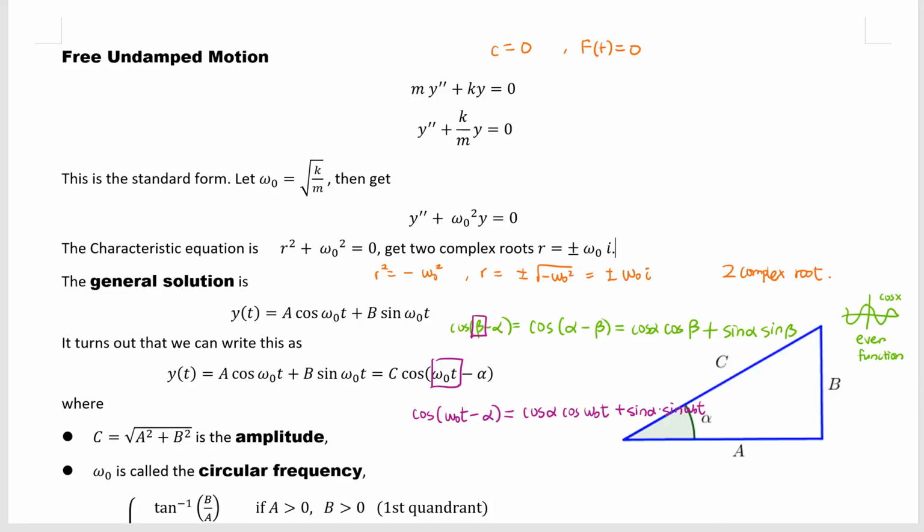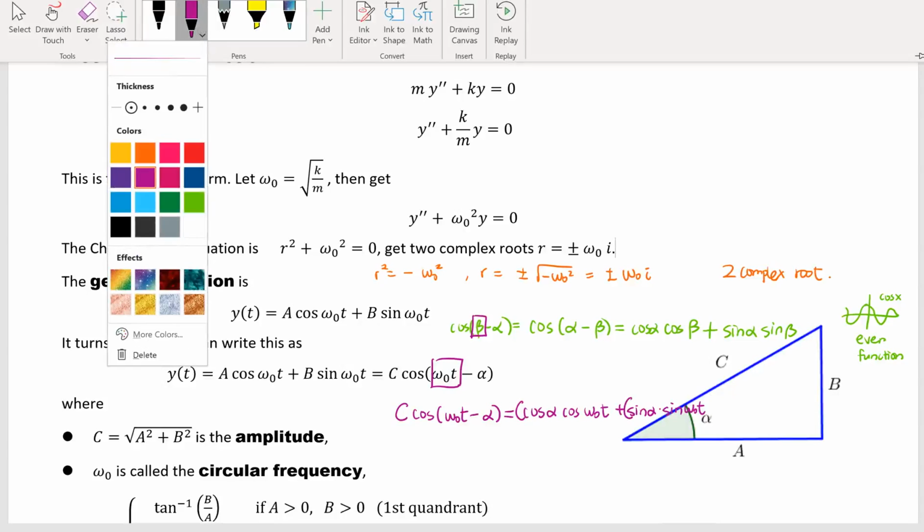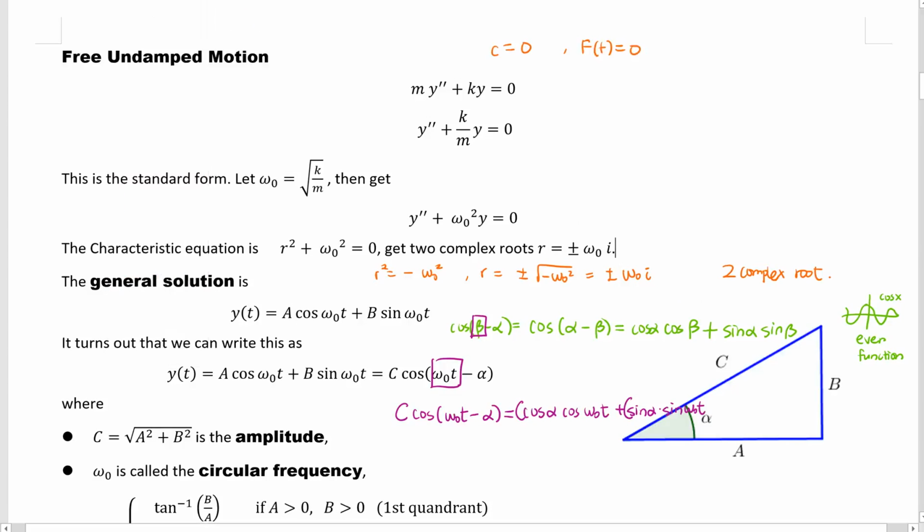So far so good, everybody? Now, when we multiply by C, we have C here and C there. Let's compare. It looks like A is C cosine alpha, and B is C sine alpha.